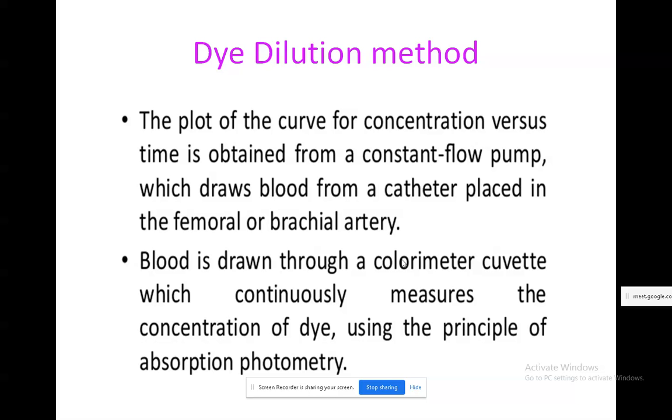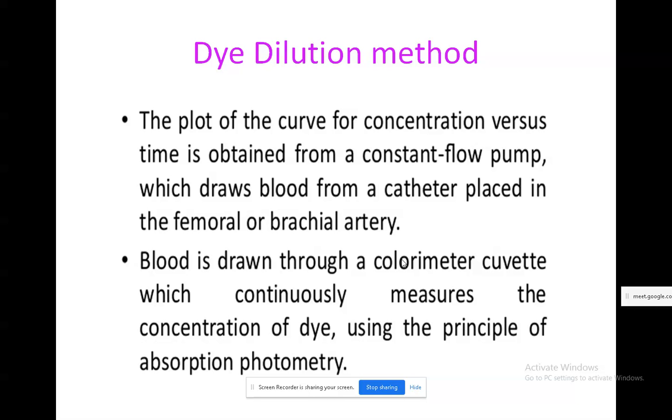The blood is drawn through a colorimeter cuvette, which continuously measures the concentration of dye using the principle of absorption photometry. EC students may know what a colorimeter cuvette is. The colorimeter cuvette is used to collect the blood, and in that you pass light.